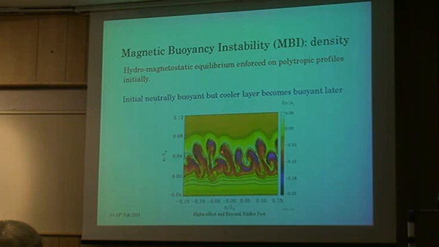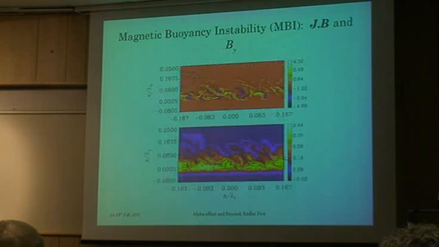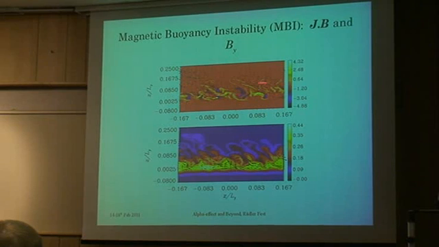You see that these fingers really have low density in them, and hence this is really a buoyancy instability. And this is the same thing, but for the magnetic field By and the current helicity density J dot B. You can see they have developed into these tubular structures, which have a tilt because of the Coriolis force. This is a familiar thing, and they develop quite a bit of current helicity density.